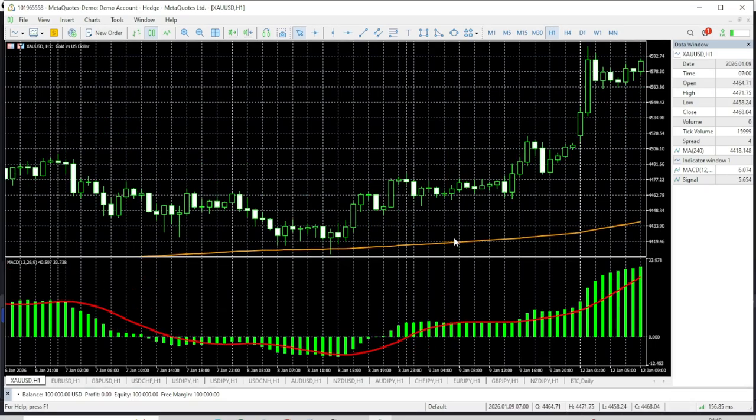So this is how it goes. You just need to be patient with the market, and then do what you are supposed to do. Basically it helps you to be in tune with the market, and then it helps you to enjoy your trade.